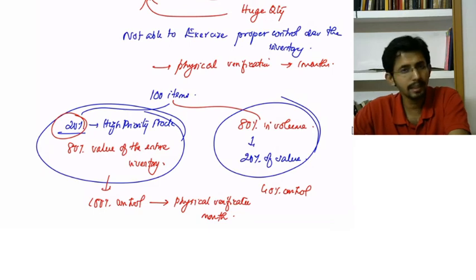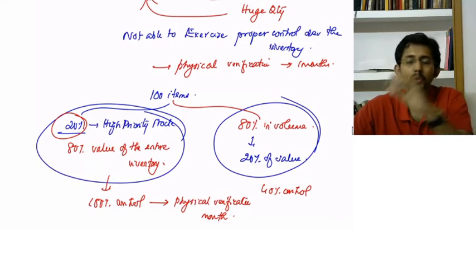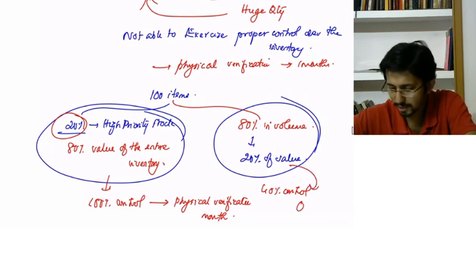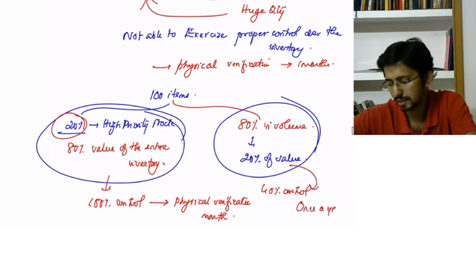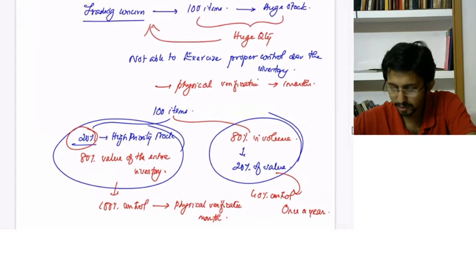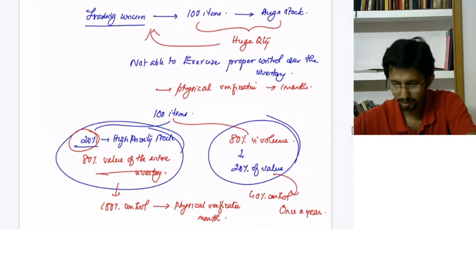On the other hand, here the volume is 80%, so doing a physical verification is not feasible, it's not easy. Not only that, these 80% volumes constitute only 20% of the value. So even if you restrict your physical verification to once a year, you don't have to worry about it, as long as you have proper controls over the high priority items. Is it clear?